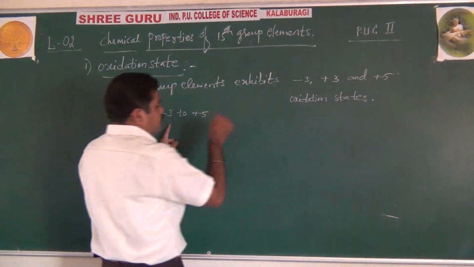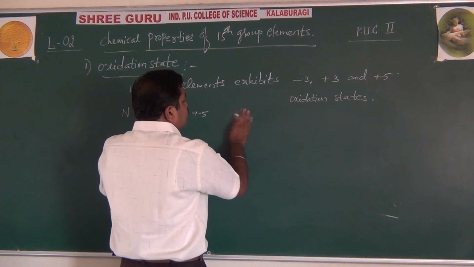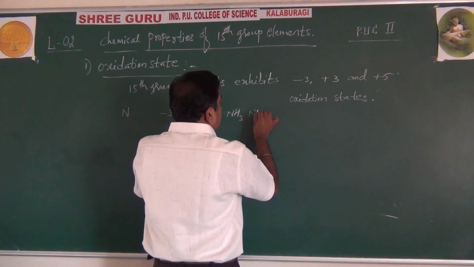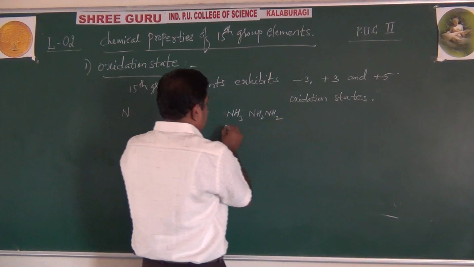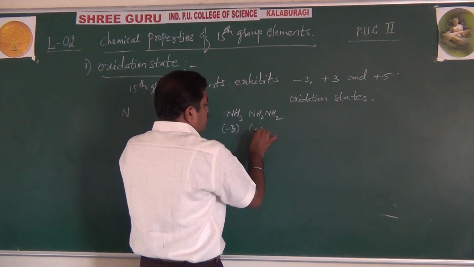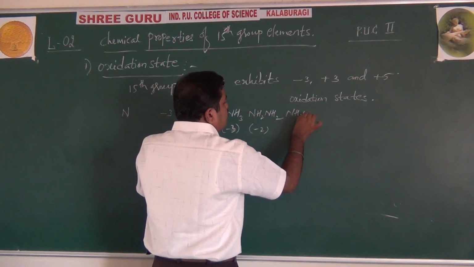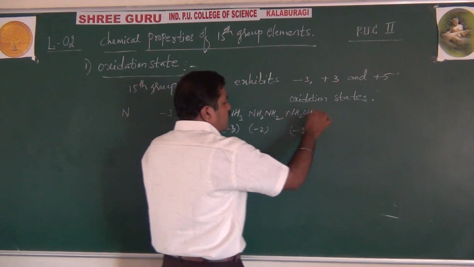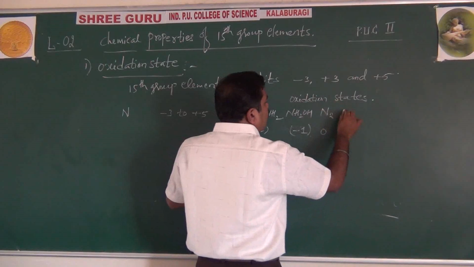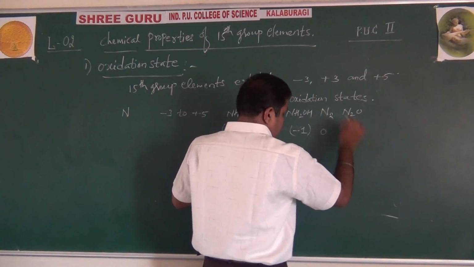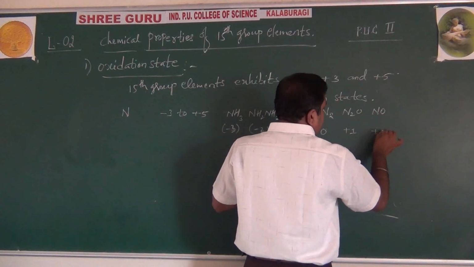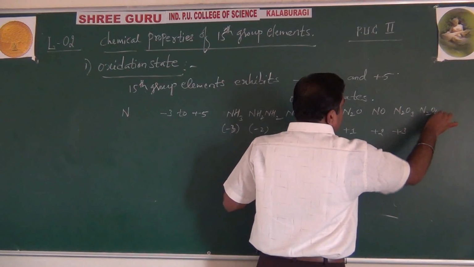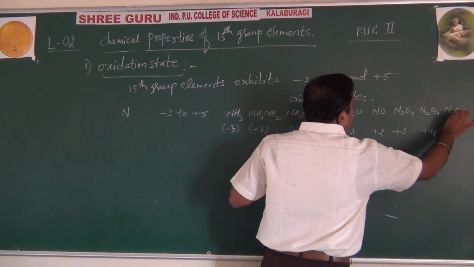Let us give the examples. See NH3, ammonia, then N2H4, hydrazine, where the oxidation state is -2, then hydroxylamine, -1, then elemental nitrogen 0, nitrous oxide +1, nitric oxide +2, dinitrogen trioxide +3, dinitrogen tetroxide +4, dinitrogen pentoxide +5.